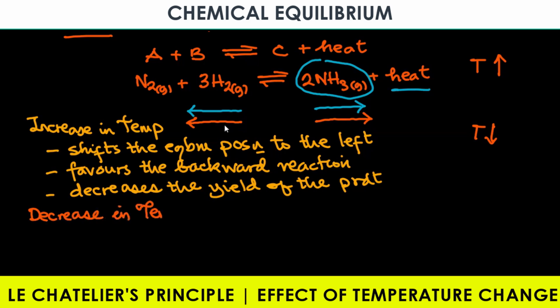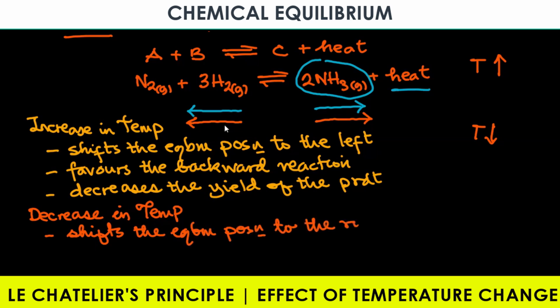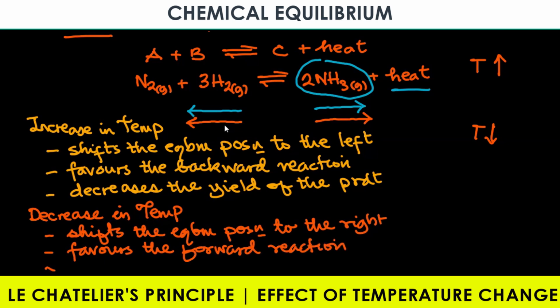So, which means that if you decrease the temperature of an exothermic system, the equilibrium position does what? Shifts to the right, favors the forward reaction, and increases the yield of the product.